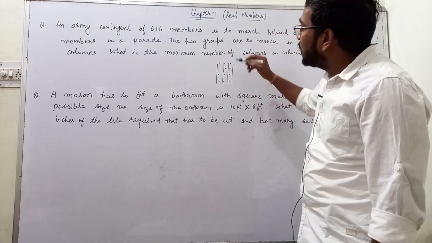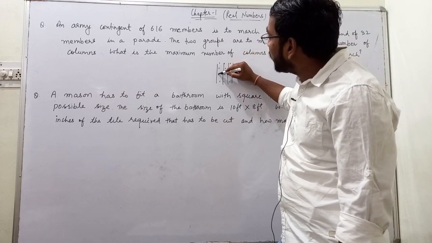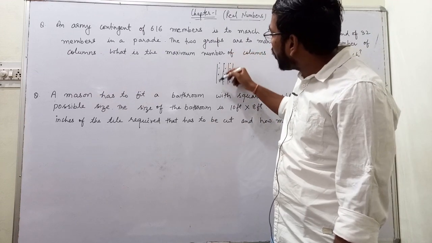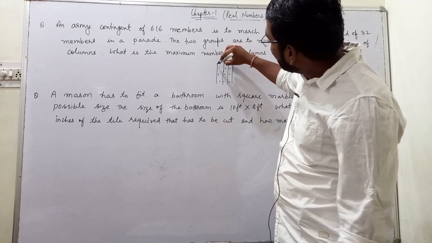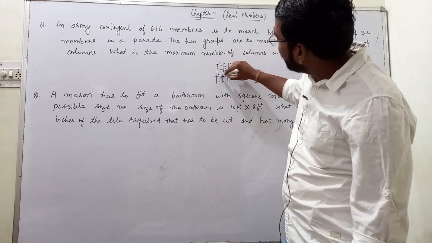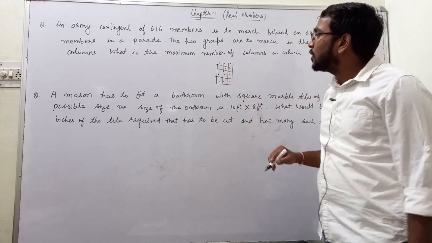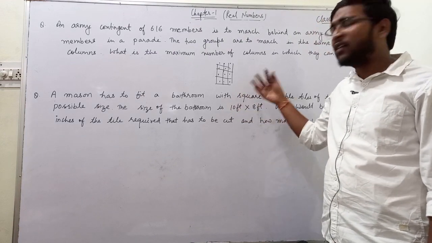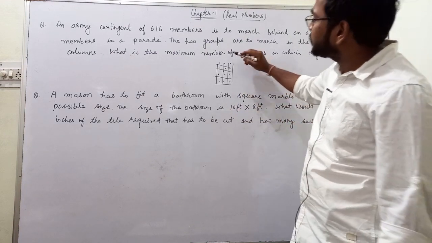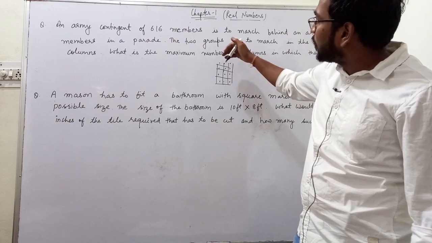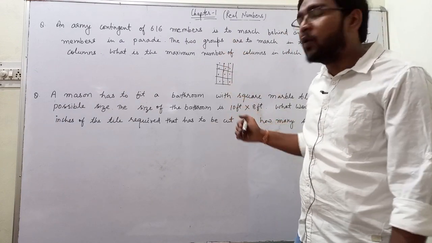So you must know that in a march past, the number of members in a column are always equal. Means they will always march in a group of 3, or 5 or 7, whatever they want. But the number of army members in a column are always equal.